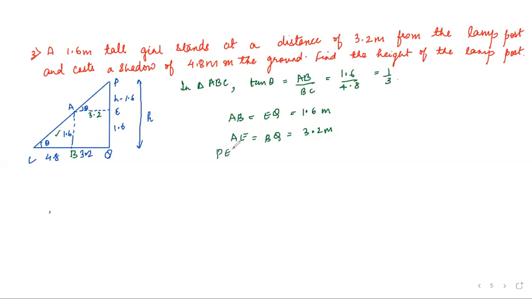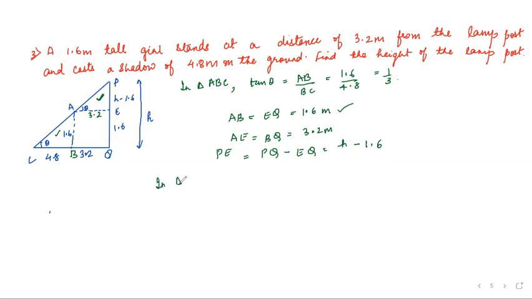Now, what is PE? PE is PQ minus EQ. So PQ total height we have taken as H, and EQ is 1.6. We just wrote, so this is H minus 1.6. Now since I need to find H, I will consider this small triangle first.